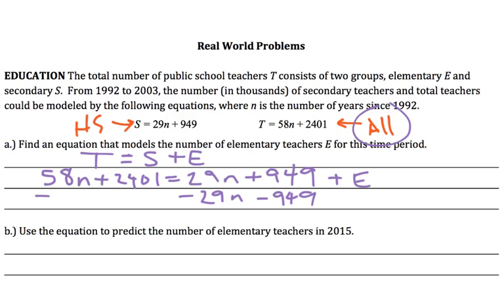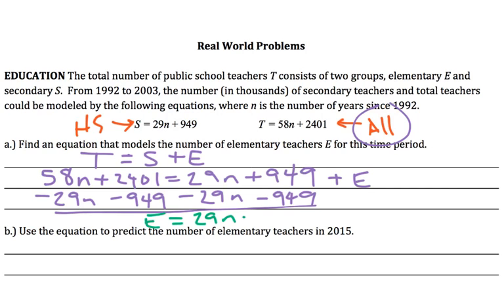So I'm going to subtract 29N over here, and minus 949. Show a little line, and I'm going to fling the E down to this side. So I have capital E is equal to 29N once I subtract it. And then I have to think for this one for a second.